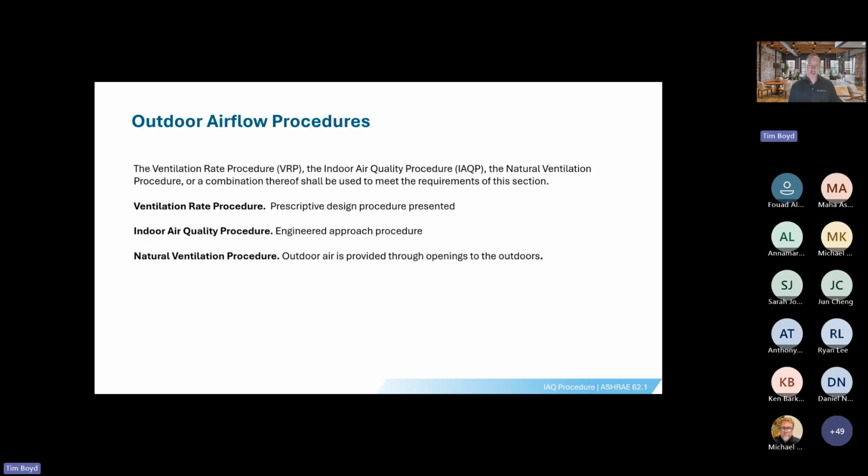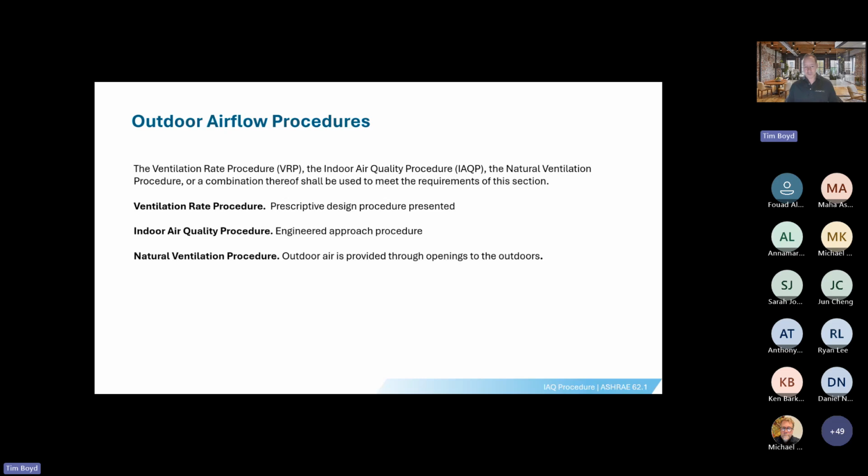What has changed is that the indoor air quality procedure has become more prescriptive. They've standardized it and removed the risk from the engineer. They've also removed the risk from the OEM so that you can simply apply the standard. And if you apply the standard using the indoor air quality procedure, you qualify.